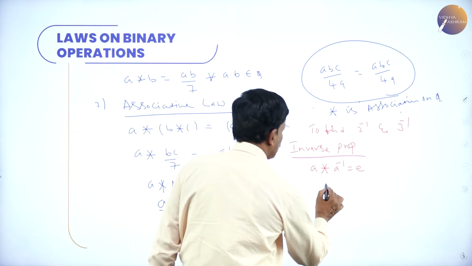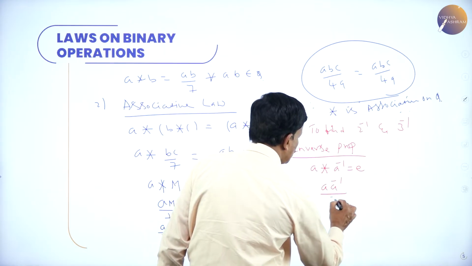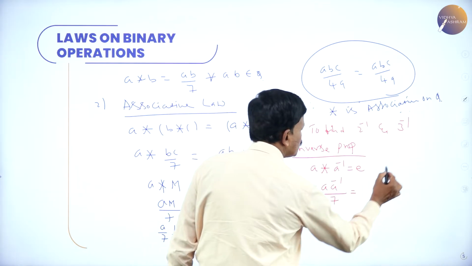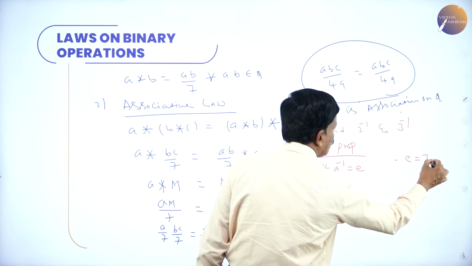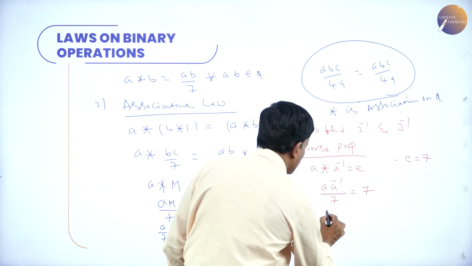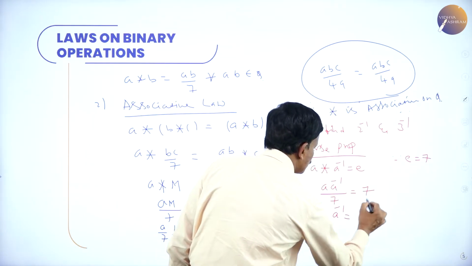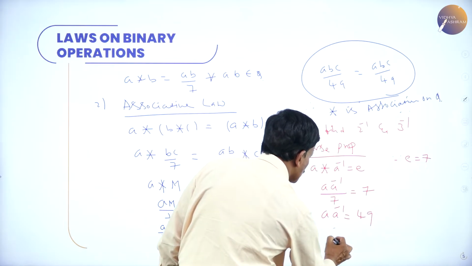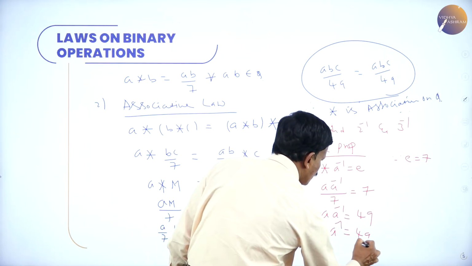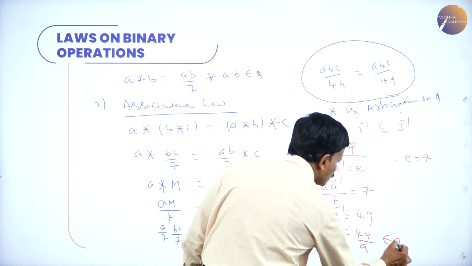So a star a inverse can be written as a into a inverse by 7, equal to the identity, since the identity element is 7. This is 7. Cross multiply. a into a inverse is equal to 7 sevens are 49. a inverse is equal to 49 divided by a, belongs to Q.